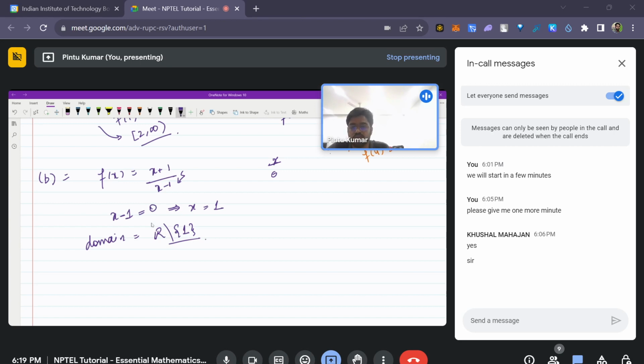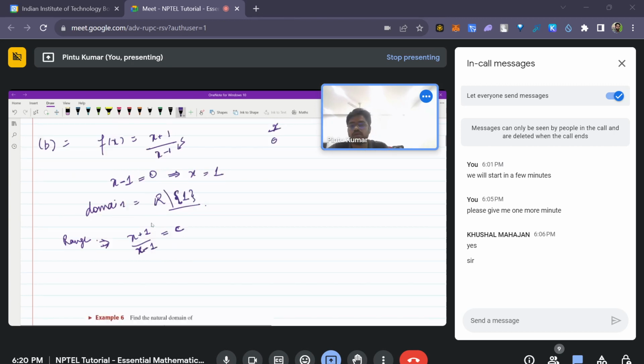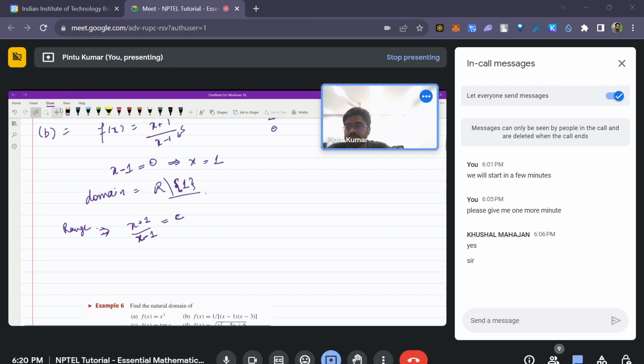And what is the range of this particular function? What are the values that this can take? If you want to calculate the range, this is x plus 1 divided by x minus 1, right? If you assign this thing to some c, then what does this mean?